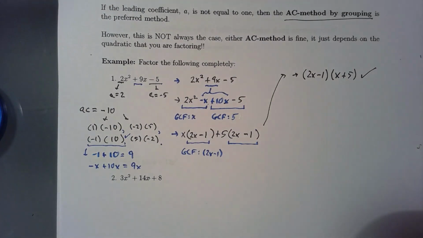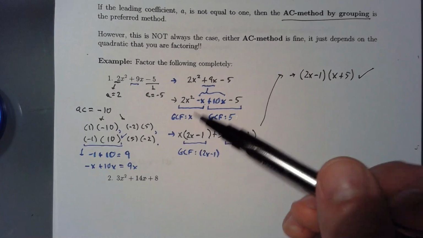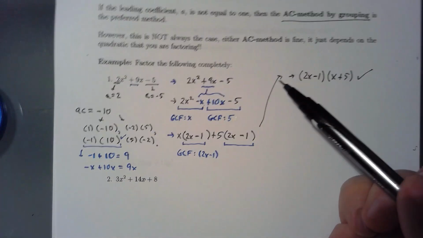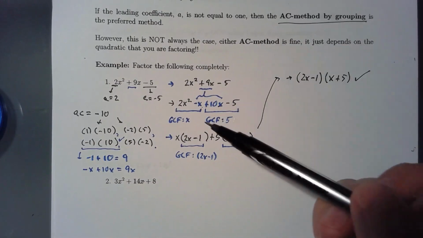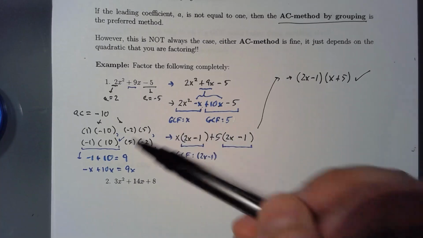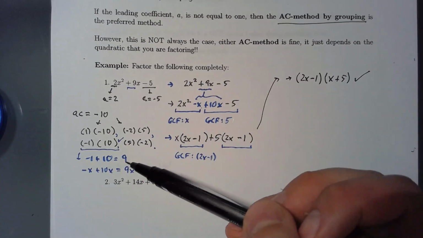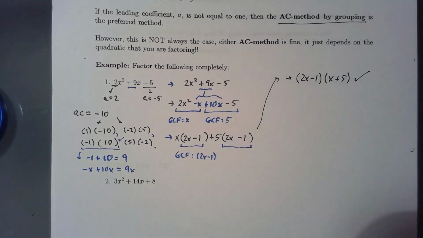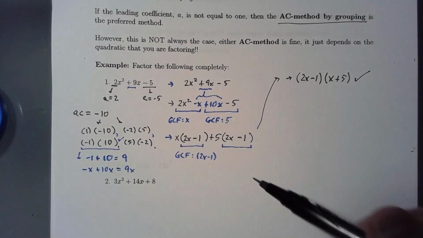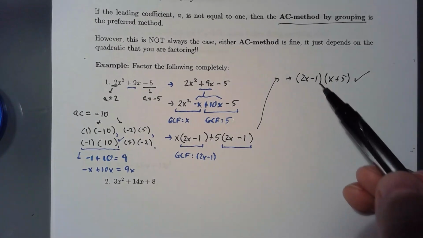So if I wanted to do it this way by using the AC method with grouping, I can. You're just rewriting the middle term as the AC factors that give you the middle term, and then use factor by grouping. And those are the factors.